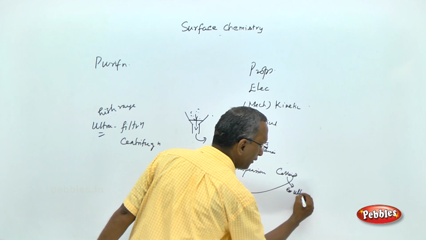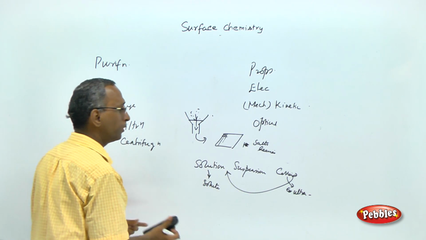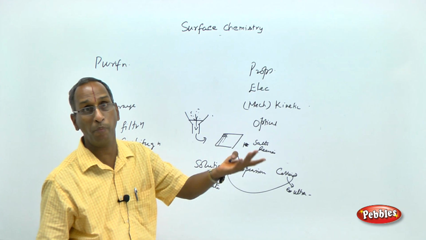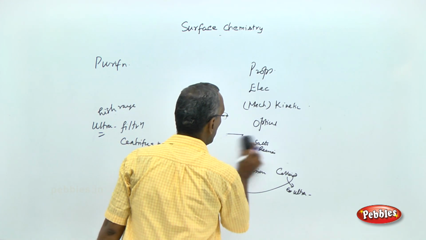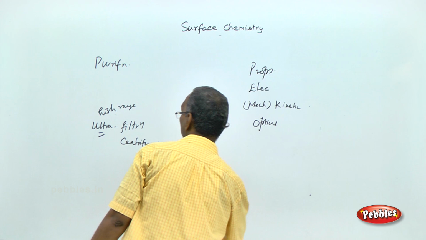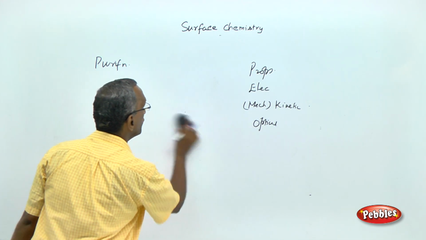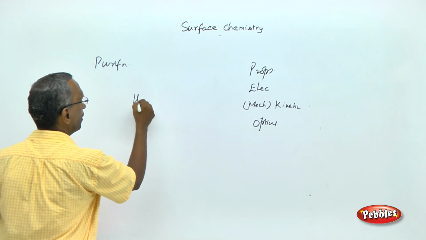So ultrafiltration separates colloids, normal filtration separates only solutes. No filtration is necessary for suspension. Suspended matter can be separated just by allowing it to settle at the bottom. It spontaneously settles under the influence of gravity. The last method of purification is ultracentrifugation.